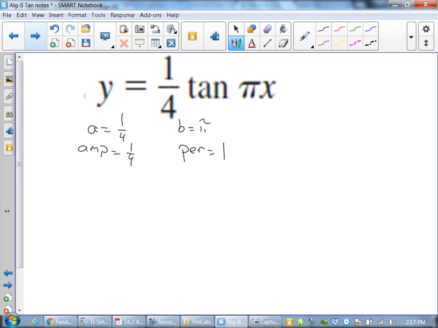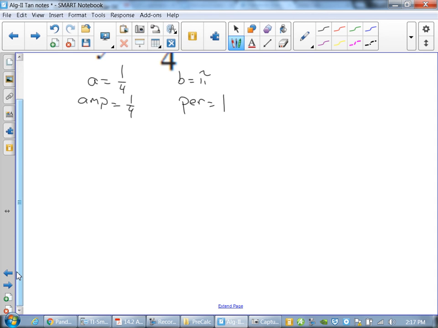Remember that B value and the A value, they're just scalars. You mark them up. What's half of 1? Where are your asymptotes? What's half of a half? And your amp-ish thingy.